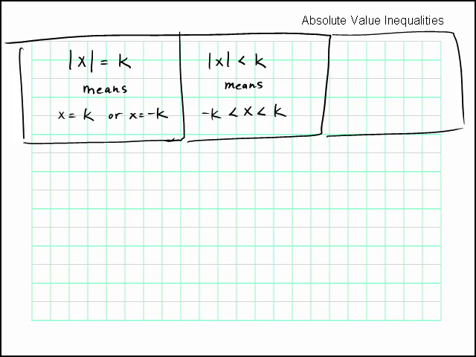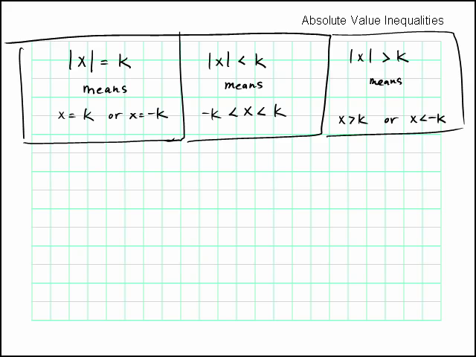And the third pattern is an absolute value greater than some positive number k. This one means x is greater than k, or, this is an or statement here, x is less than negative k. Those are the three patterns, and depending on what you're trying to solve, you would use one of these patterns.